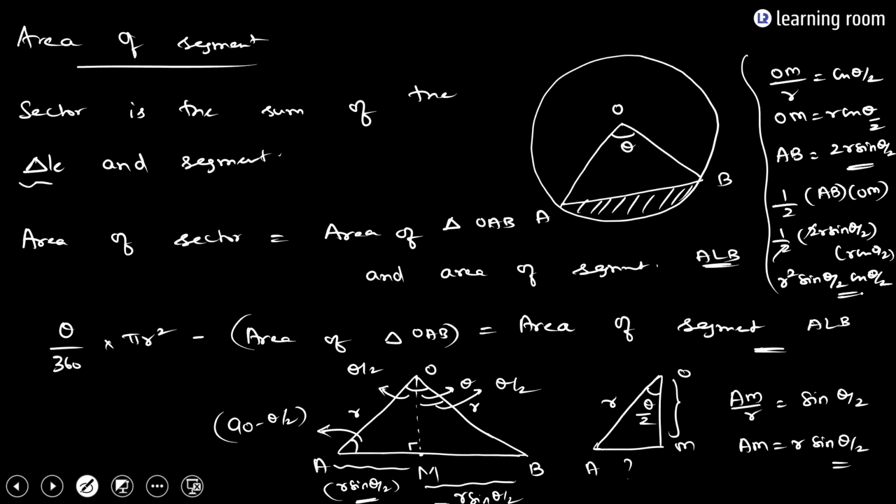Is there something like that you are able to see in page 314, the fourth step from the bottom of the page? Did you understand? So theta by 360 into pi r square minus r square sine theta by 2 into cos theta by 2. This is going to be the area of this segment. Something new you have learned today, please make a note of it.